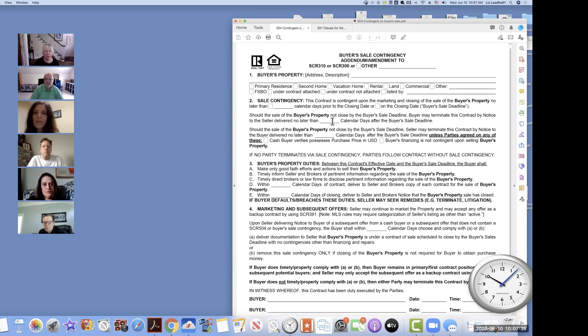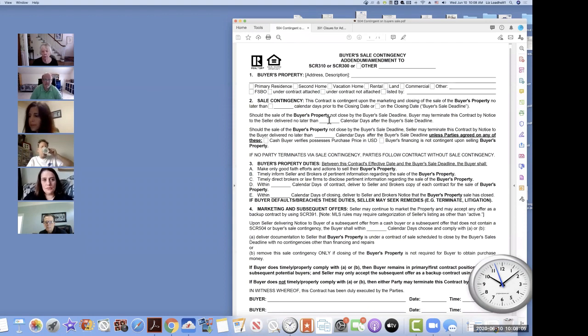Should the sale of the buyer's property not close by the buyer's sale deadline, which remember is one of these up here, either the closing date or so many days prior to closing. If the buyer's property is not closed by the buyer's sale deadline, the buyer may terminate this contract by notice to the seller, delivered no later than blank calendar days after the buyer's sale deadline.